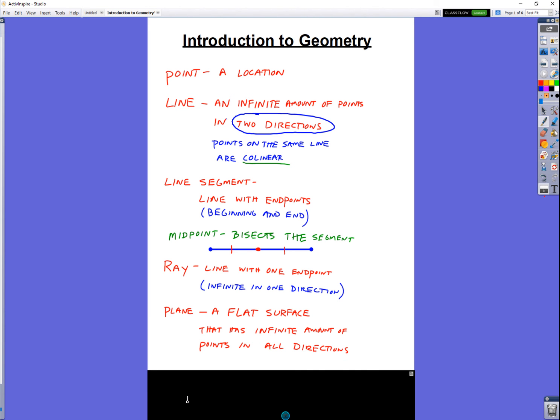And then we finally make our way to a plane. A plane is an infinite amount of points in all directions. Also known as, not the things that fly in the sky, but a flat surface. A flat surface makes it into a plane.